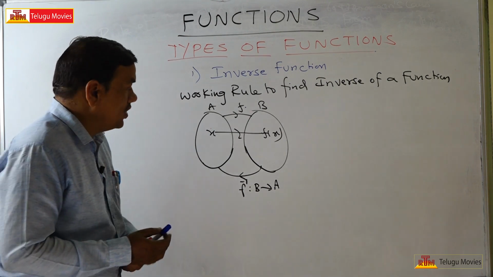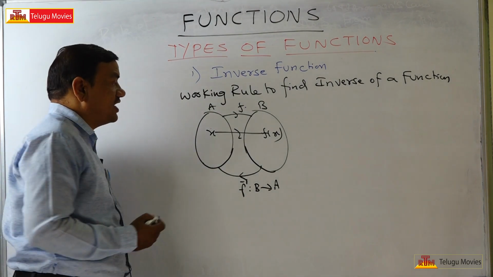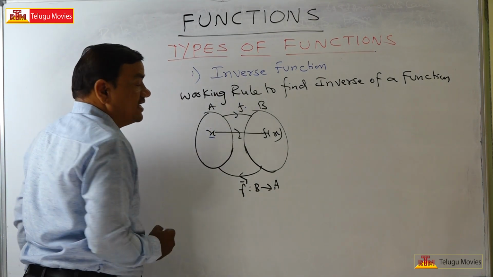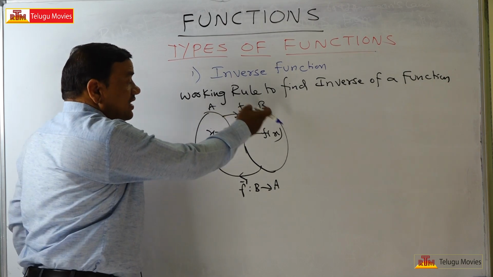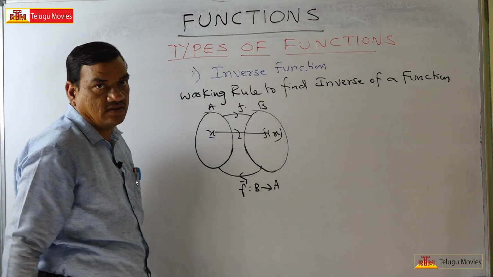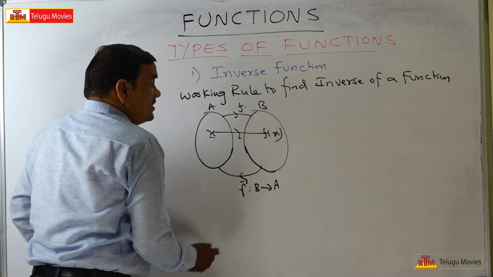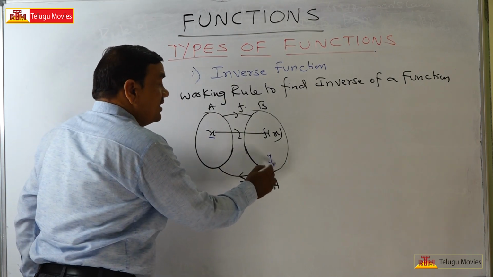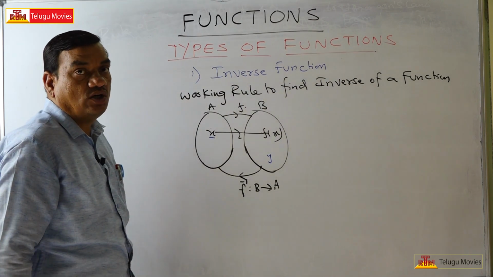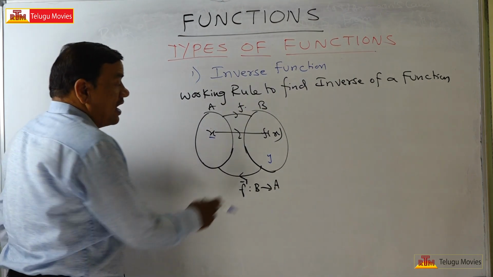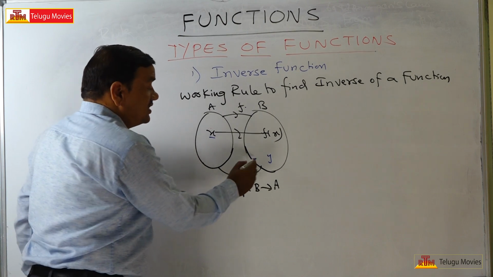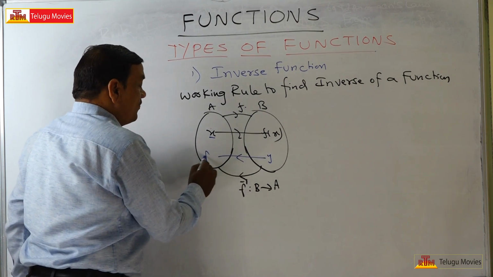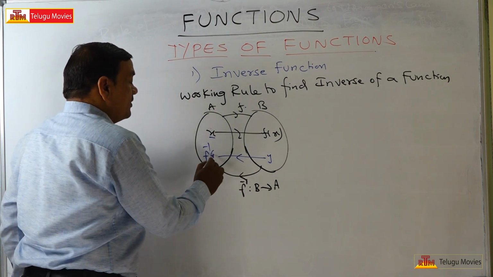So see the very important notation I am saying. If your element is x, under the function f, your image is f of x. Now there is a new function from B to A. Let us call your element in the domain B as y. Under this brand f inverse, its image is f inverse of y.